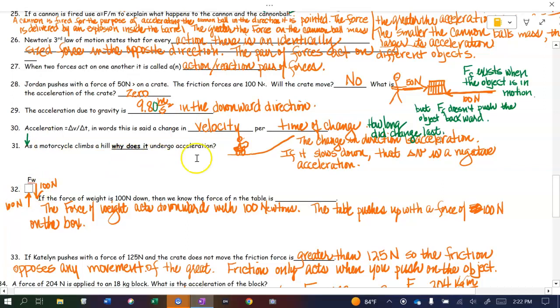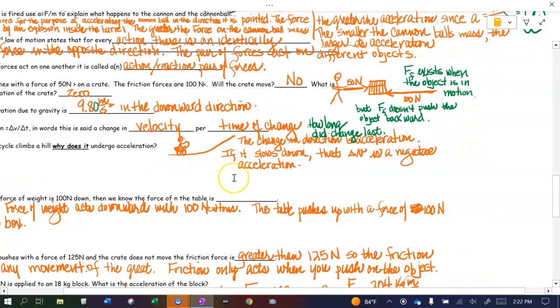As a motorcycle climbs a hill, why does it undergo acceleration? So I drew this picture. Now, as it makes this turn and goes up, it's changing its direction, which is acceleration. That's why it undergoes acceleration. It's changing direction of travel. If it went straight, it would be going that way.